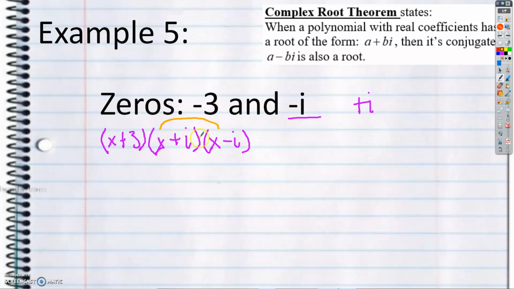So basically x times x is x squared, x times negative i is negative i times x, i times x is i times x, and then we have negative i times a positive i, so that's negative i squared.